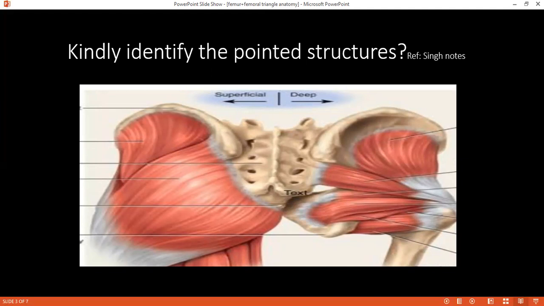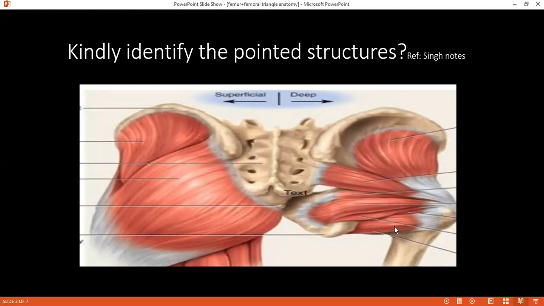And if you can identify this one. Quadratus femoris. No, gemellus superior. And then if you can identify this one. Obturator internus and then obturator externus.